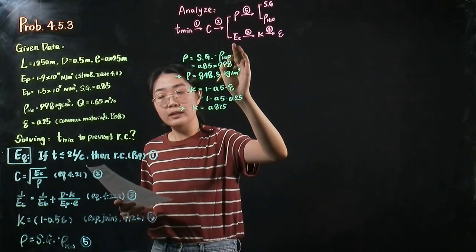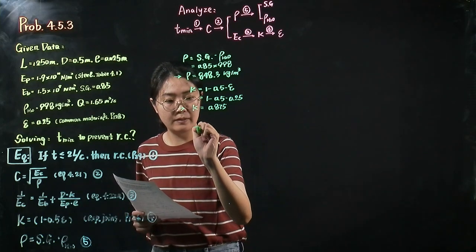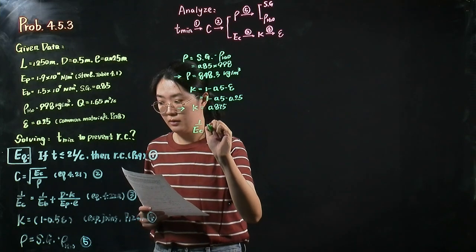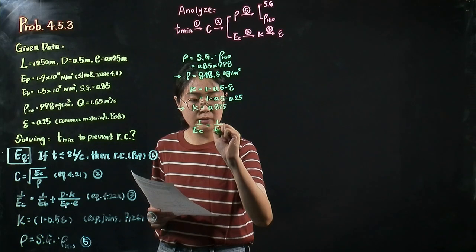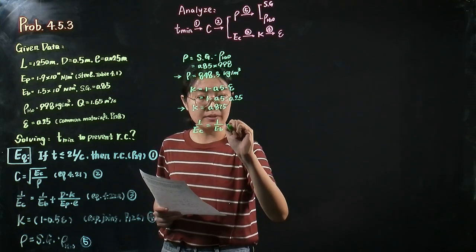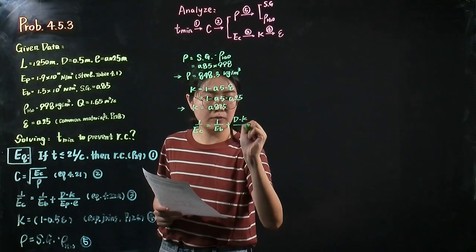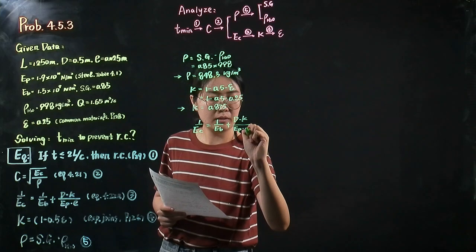After we bring it to equation 3, which is E sub C equals 1 over E sub B plus D times K over E sub P times E.